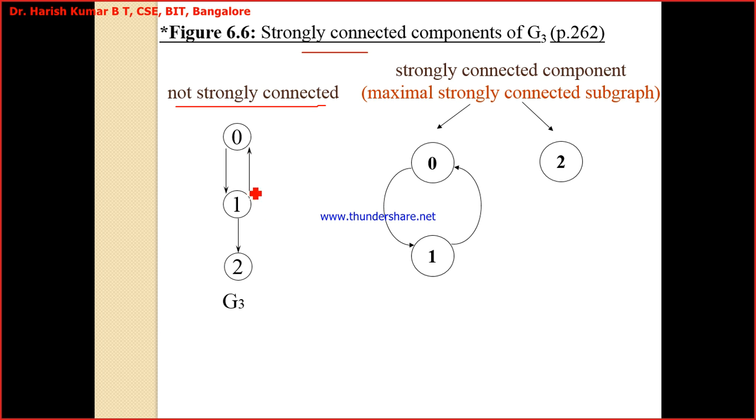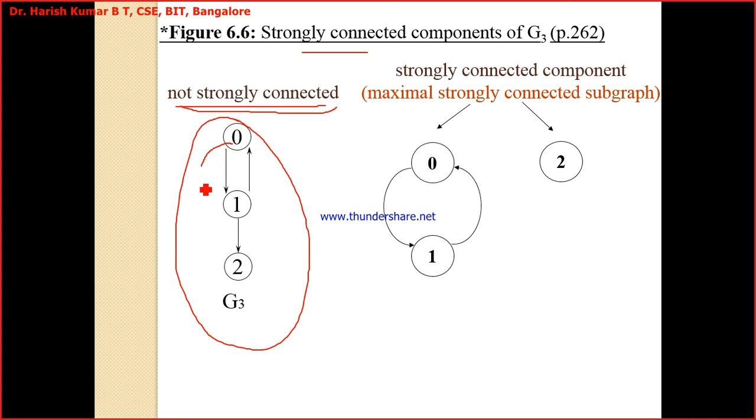Take 0 and 2. There is a path from 0 to 2, but to say it is strongly connected there should also be a path from 2 to 0. Now from 2 to 0 there is no path. So this directed graph is not strongly connected, because there exists a path from 0 to 2, but no path from 2 to 0.